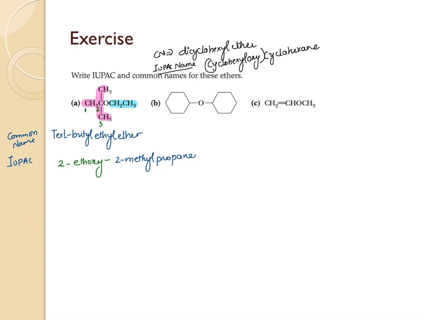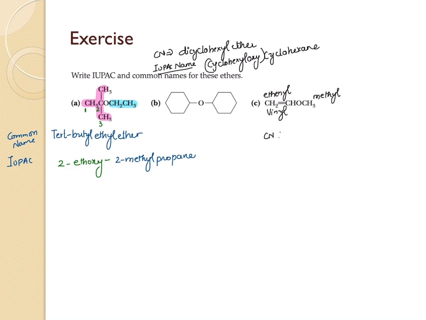So this is an ether where you can see that there is unsaturation. There is a double bond right there. So this is to be treated as your alkyl group, whereas this one is your alkenyl group. So how are we going to name this compound? For the common name, let's find out. Here you have a methyl group, and this one is an ethenyl group, or you can also call this vinyl. Either way, it should be okay.